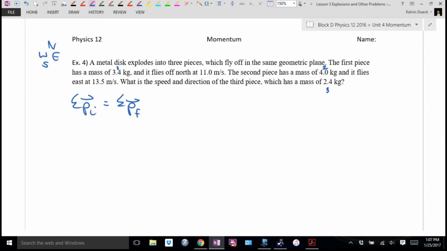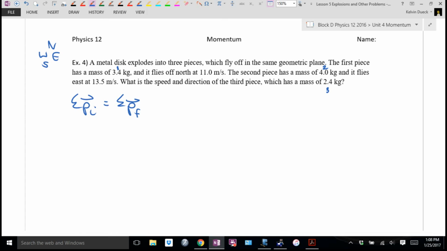Before the bomb explodes, what's moving? Mass 1, mass 2, mass 3, or neither? Before the bomb explodes? What's moving before the bomb explodes? It's a trick question. Nothing. In fact, stop.